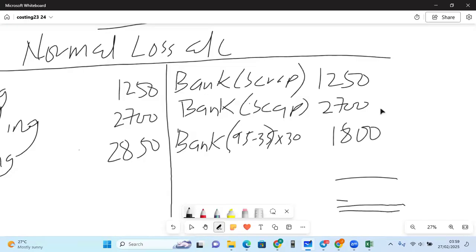Then we see our real abnormal gain. We add which side is bigger, 1250 plus 2700 plus 2850, 6800.